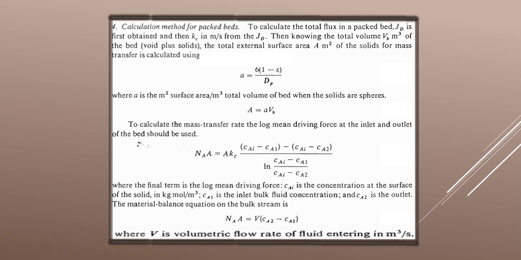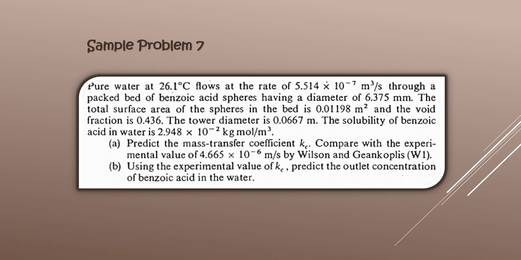Now we go to our sample problem, the last for this chapter, that will illustrate the use of the formulas that I have discussed. In this particular problem, you're given pure water at 26.1 degrees Celsius that flows at a rate of 5.514 times 10 raised to negative 7 cubic meters per second through a packed bed of benzoic acid spheres having a diameter of 6.375 millimeters.